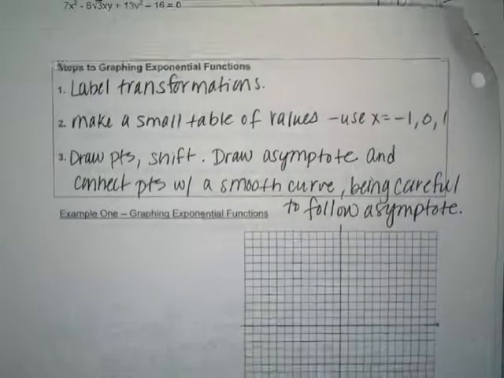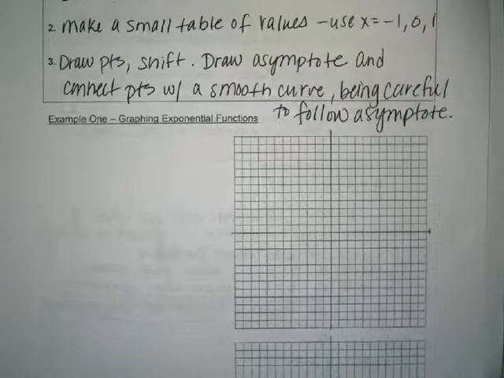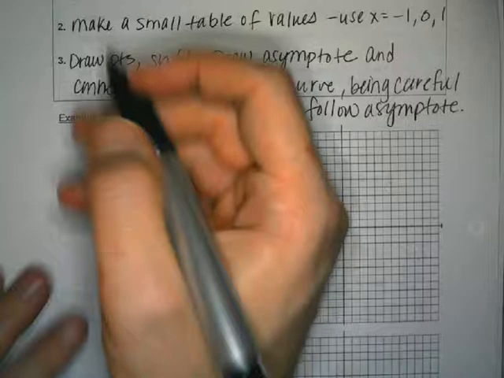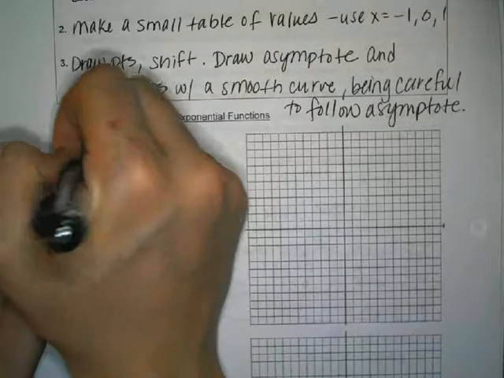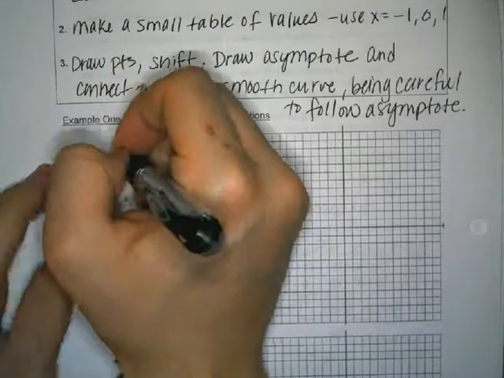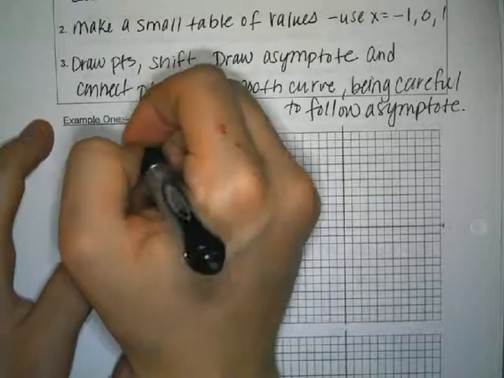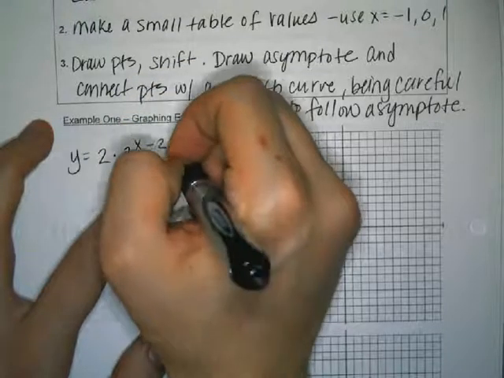Okay, so looking at example 1, in this first graph here, we're going to graph y equals 2 times 3 to the x minus 2 plus 1.